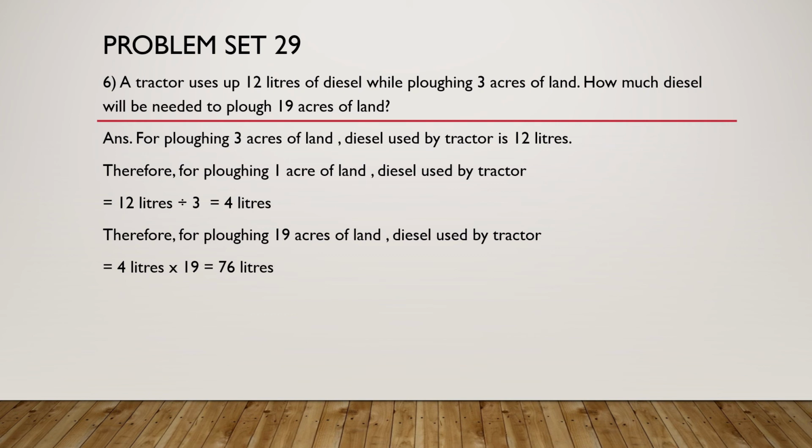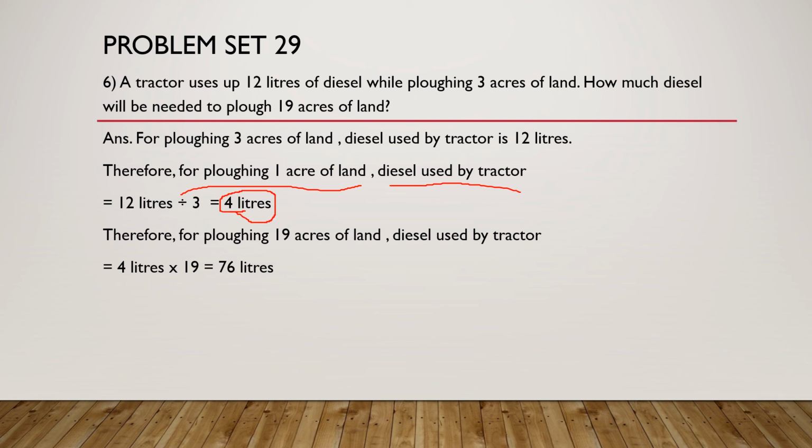So what we do for that, we first write down that for plowing 3 acres of land, diesel used by the tractor is 12 liters. Therefore, what you need to find out is, for plowing 1 acre of land, how much diesel is used by the tractor? 12 liters divided by 3, which gives us 4 liters. Correct? So for 1 acre of land, 4 liters of diesel is required.